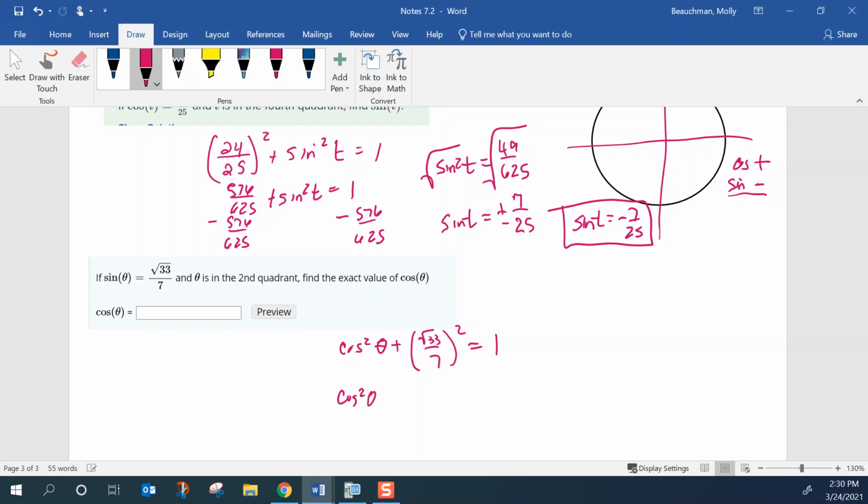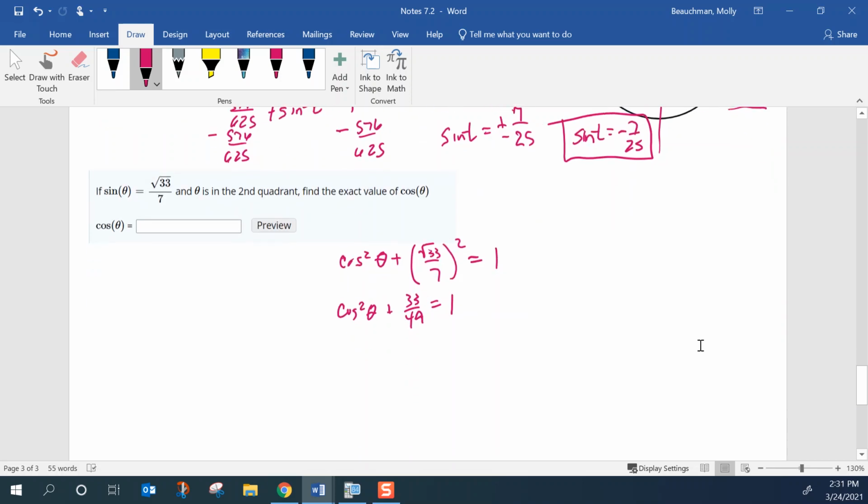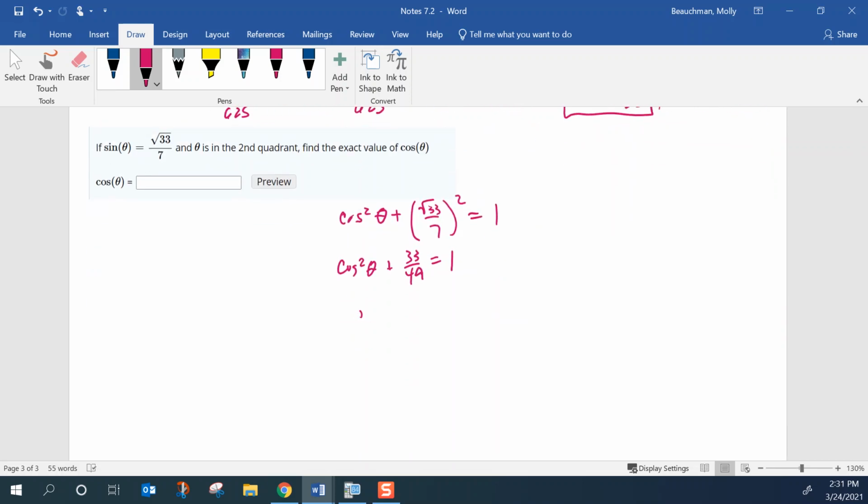We get cosine squared plus 33 over 49 equals 1. Subtract 33 over 49 from each side. One is the same thing as 49 over 49. The cosine squared is equal to 49 minus 33, which is 16, over 49.